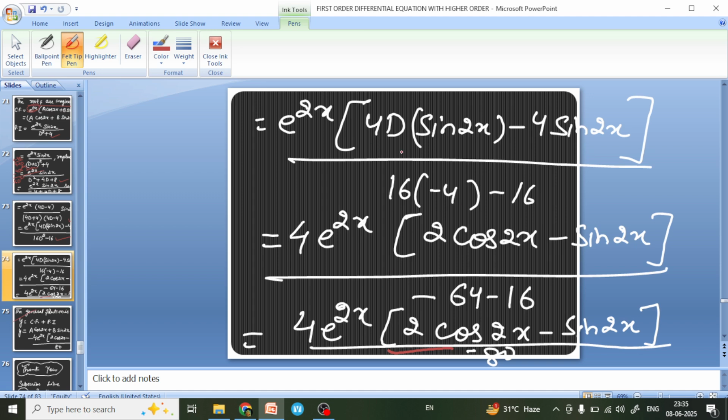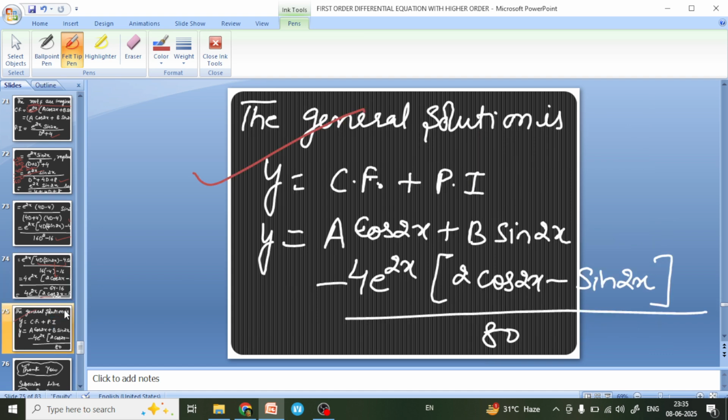Here we will take 4 common, and 4 e raised to 2x, 2 sine 2x derivative should be equal to 2 cos 2x, and sine 2x as it is. After that 4 e raised to 2x, 2 cos 2x minus sine 2x, and after that the general format you should write as it is.